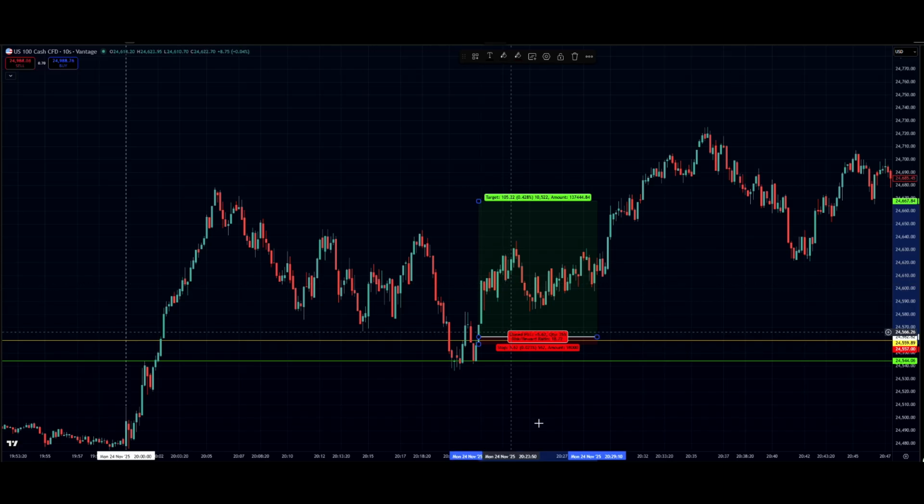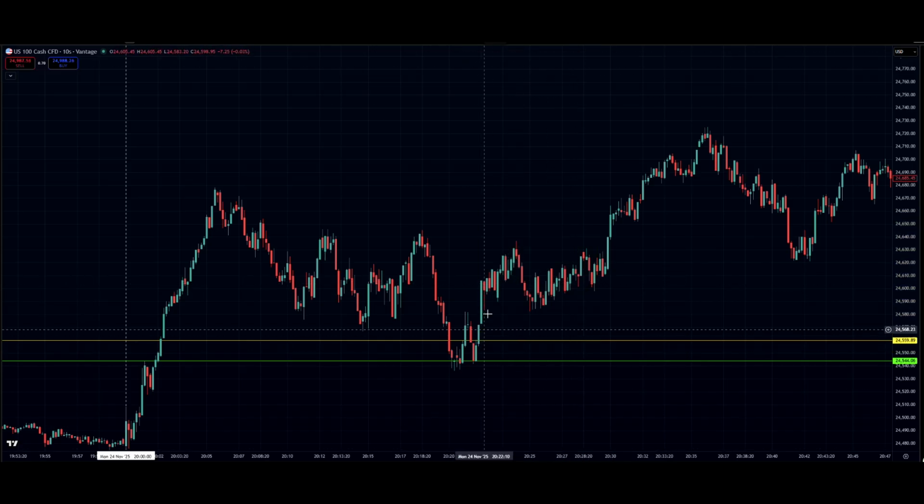So even if it falls from there, that's fine. We don't lose anything. Let's say entering here at 2020, by 2022, it's like 2 minutes. We are already risk off. We have no risk.